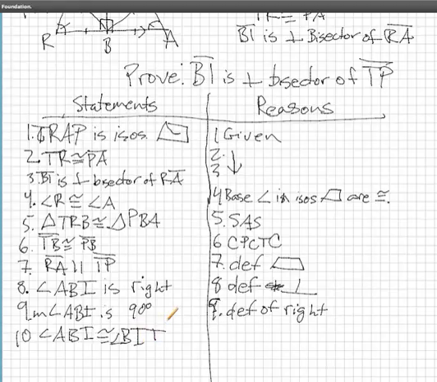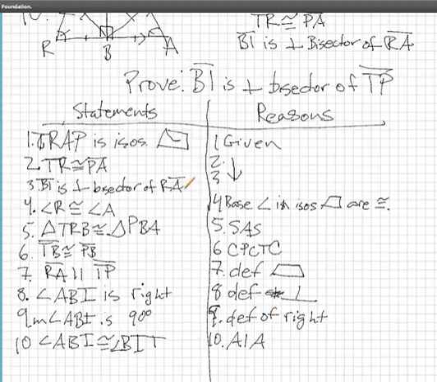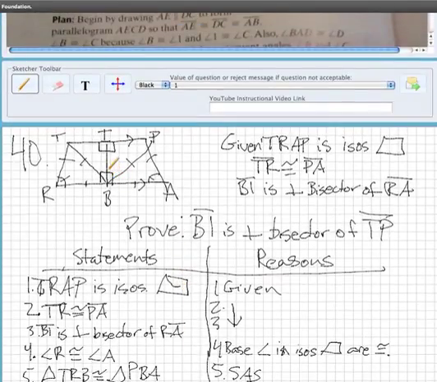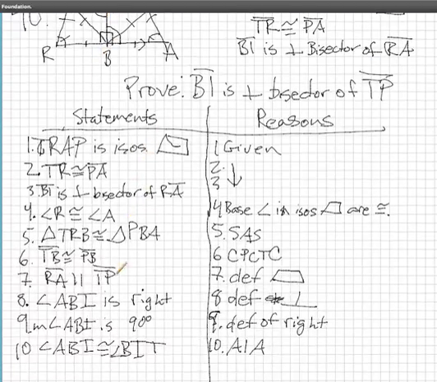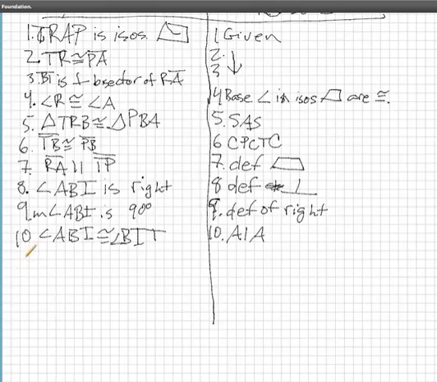And that's because of alternate interior angles, AIA. So this angle is congruent to this angle because they're parallel cut by a transversal. So that means all the way back to, we can go from there that it's perpendicular.